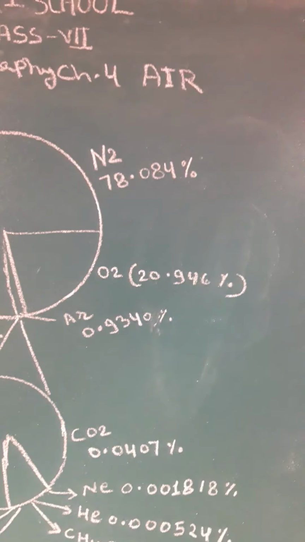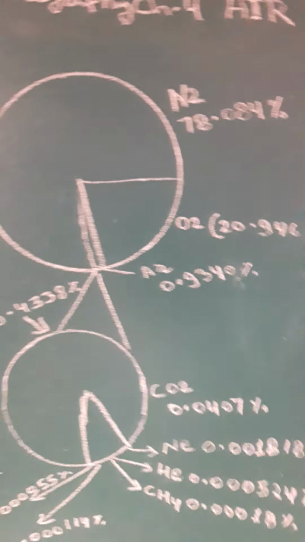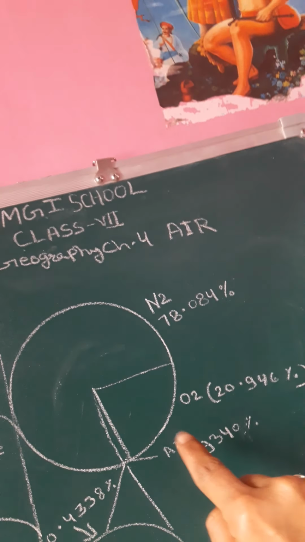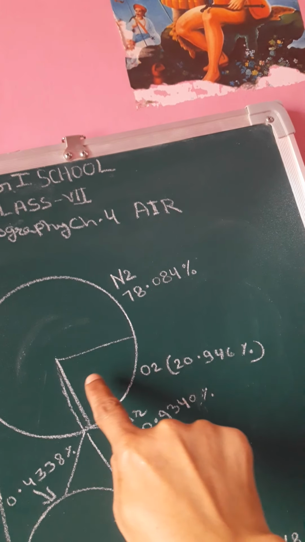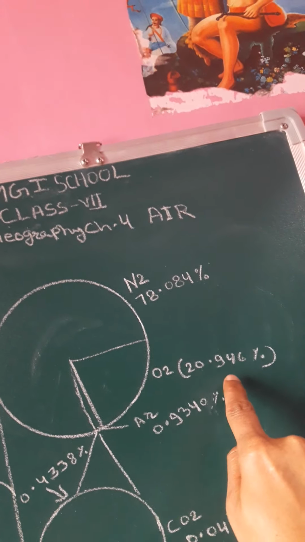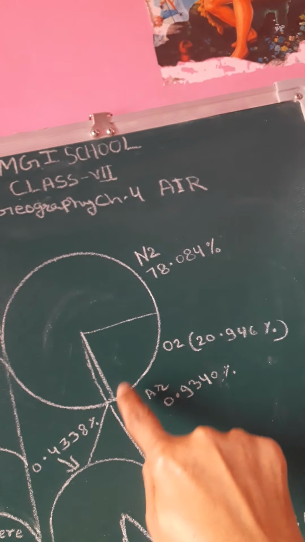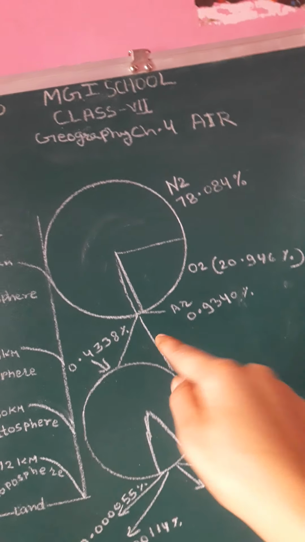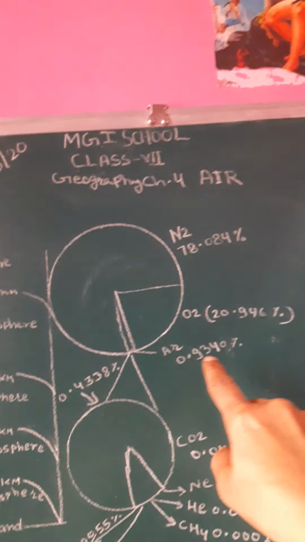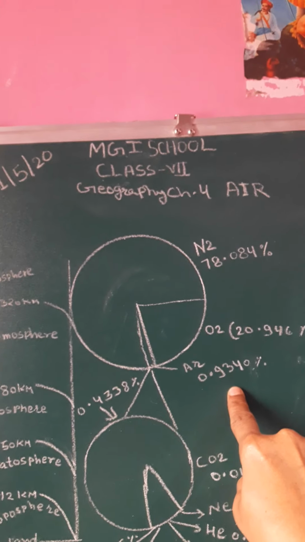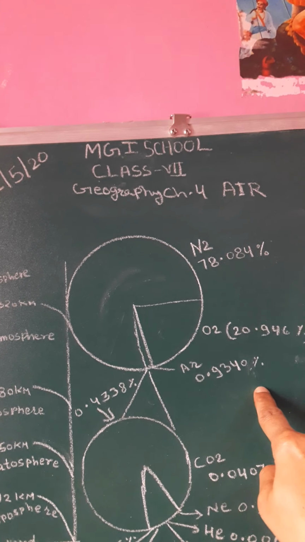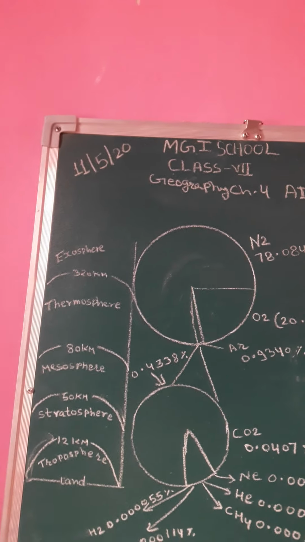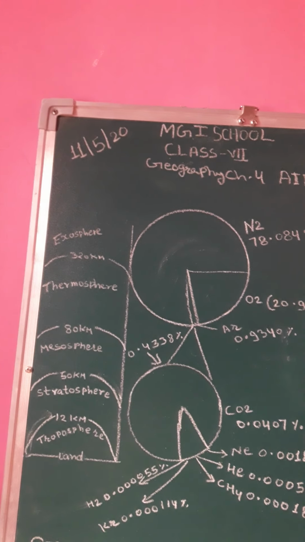Composition of air: nitrogen about 78%, oxygen about 21%, 20.946% exactly, and argon about 1%, 0.934%, and other gases.